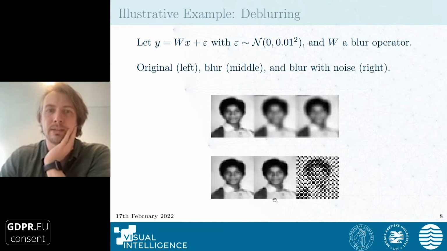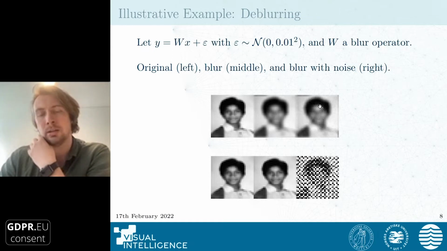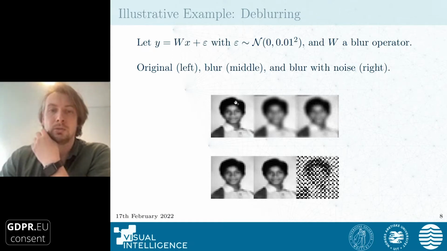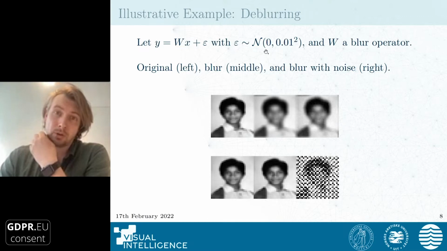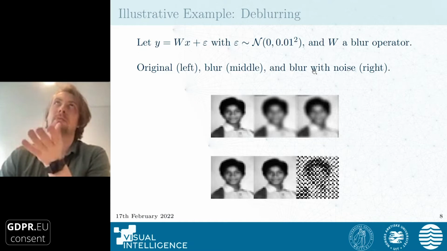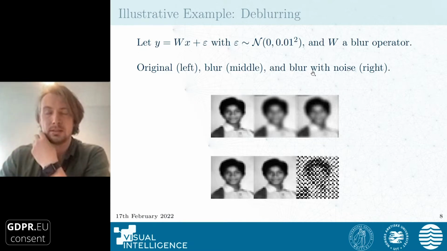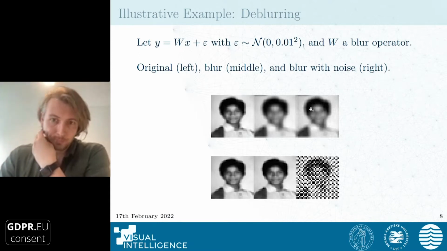In the middle here we see that the image is simply blurred, and in the top row we see the forward operator. The left side is the original image, then the blurred image, and then we add a very, very minor level of noise. As we see here, the variance is 0.01 squared, so the standard deviation is 0.01.